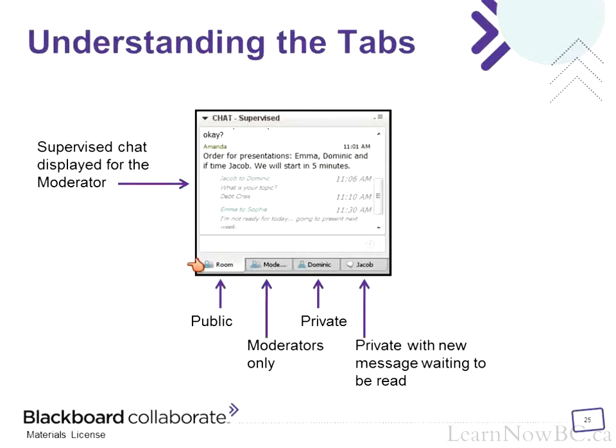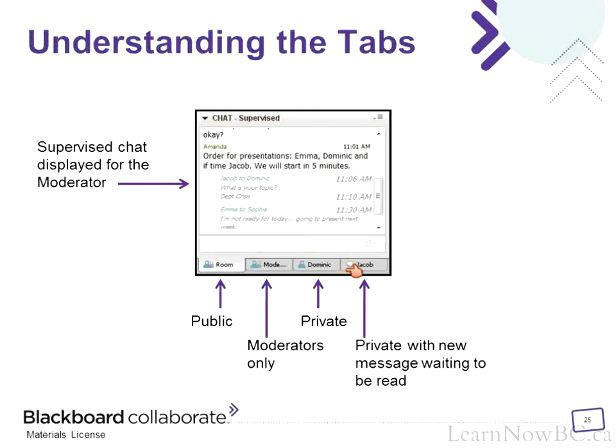The reason for this is because sometimes you might have a student that was privately chatting earlier with somebody else. And then if they had another question, they're going to type their question, but guess what? It's going to go to the person that they were previously chatting with before, because they're going to be on that tab.